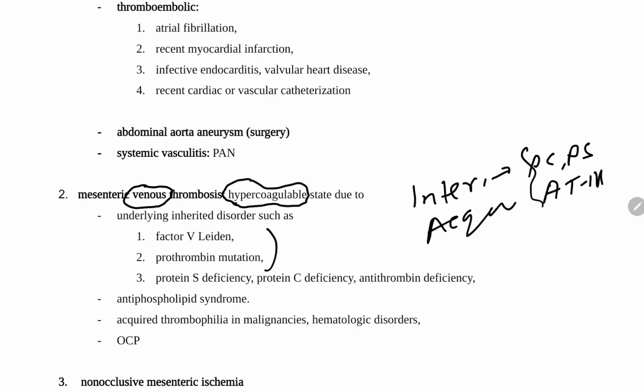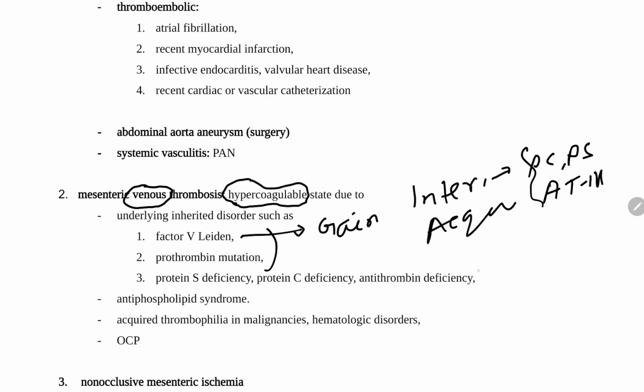That is genetic mutation. Factor 5 Leiden, I would like to mention, is a gain of function type of mutation. And protein C, protein S, and antithrombin deficiency. So these are the inherited.